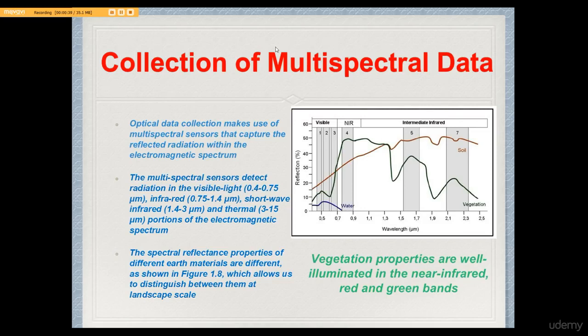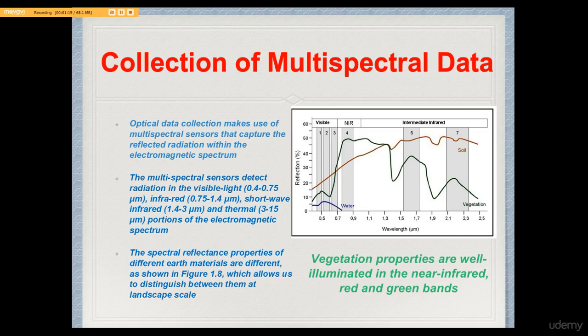Multispectral data is another term given to optical data, and this is because the sun and whatever is illuminated around us by sun is present across an electromagnetic spectrum. So when the solar energy is beamed onto the Earth, it comprises an electromagnetic spectrum of different sections across different wavelengths, and this is what enables us to see the world.